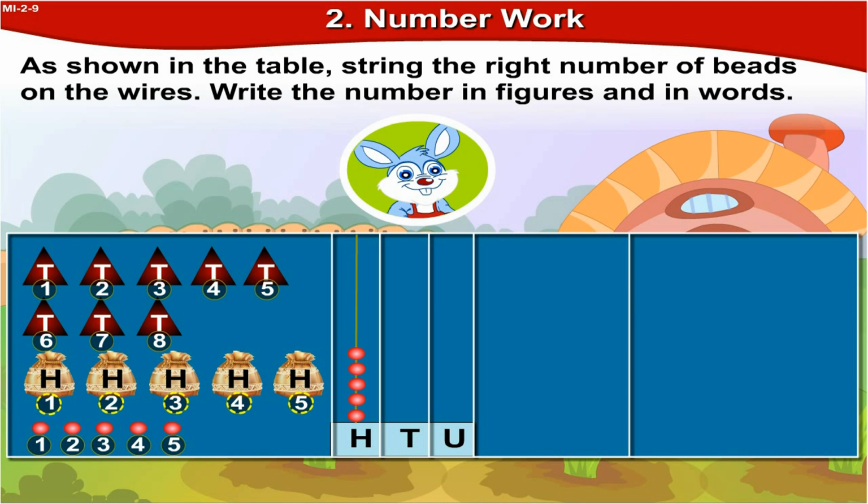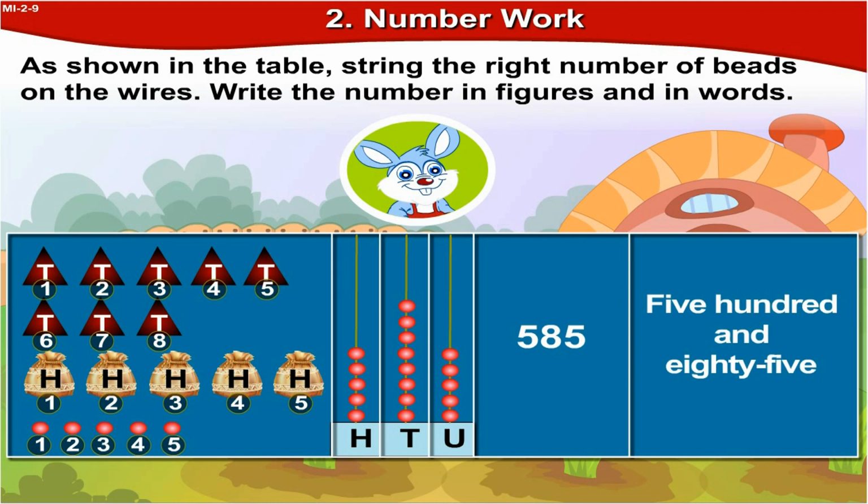Now at the wire of hundreds, we'll make 5 beads. At the wire of tens, we'll make 8 beads. At the wire of units, we'll make 5 beads. In figures, it is 585 and in words, it is five hundred eighty-five.